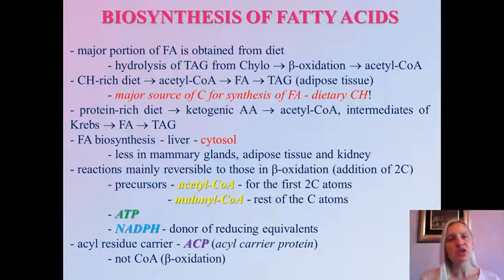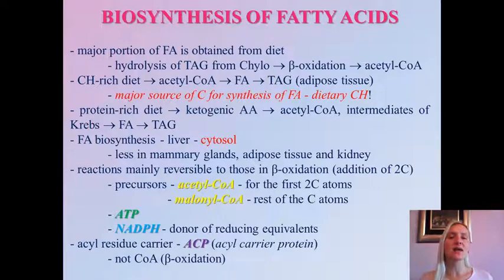We've already mentioned last time that those reactions are mainly reversible to those of beta oxidation, but this time we have the addition of 2 carbon units to an increasing fatty acid chain. To answer the question of which are the major precursors for the biosynthesis of fatty acids, I can say there are 2 precursors.